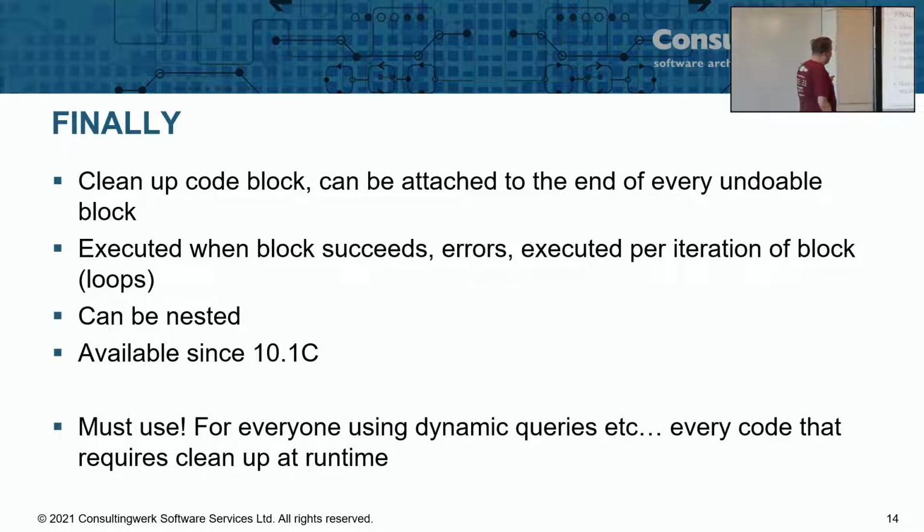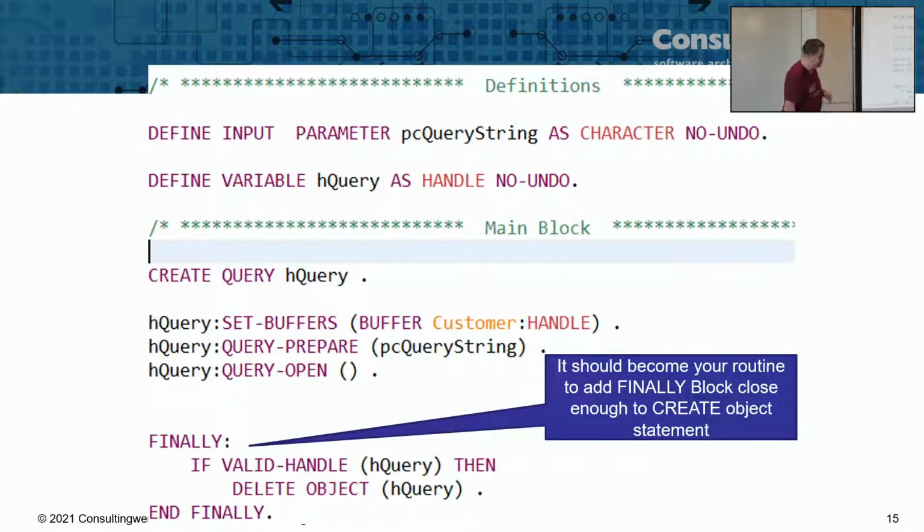You can nest finallys, but then it gets sometimes a bit funky, so a finally block could have errors too, and then you could have a nested finally in the finally block. Finally and catch blocks should be written in a way that they don't error, because it gets complicated when they do that. And you should make it your personal routine whenever you write the create object statement.